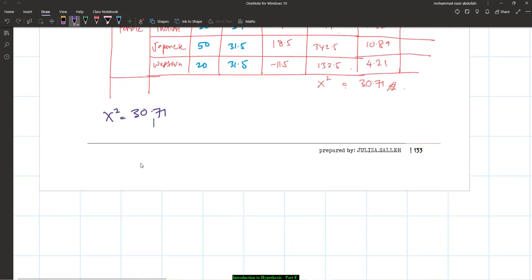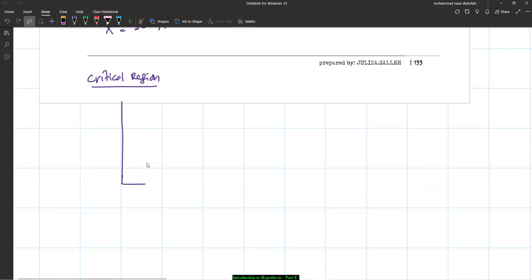So the next step is we need to calculate the critical region. Remember, the chi-square distribution is skewed to the right, right? It's starting from 0 to infinity. So let's say we want to find the 5% level of significance.